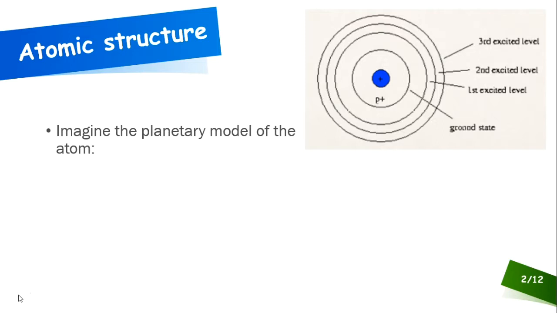So we have electrons that are orbiting around the nucleus composed of protons and neutrons, and the electrons have their different orbits around the center, which is the nucleus. So the electrons are occupying what we call shells around the nucleus.